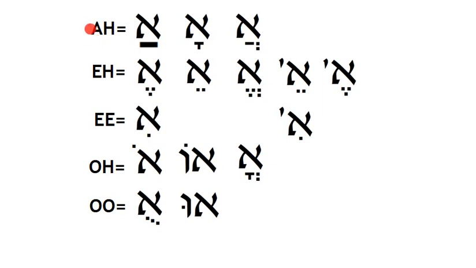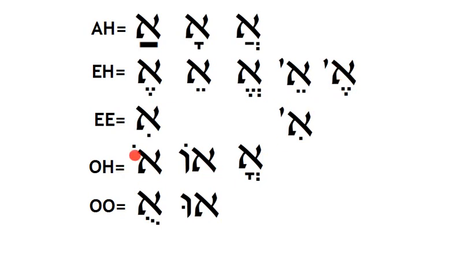So we've got up here all different ways of saying "ah", and there are nuances among these, but for the purposes of learning as quickly as possible, it's enough to know that if you've got these two eyeballs staring you in the face underneath the letter, you're going to say "eh". Here we have E. We've got this version of E and this version of E with the yud here. Of course, above here we had the A.